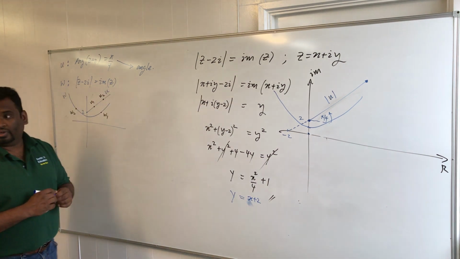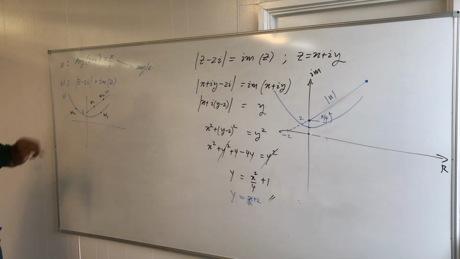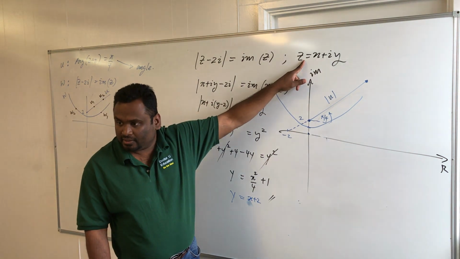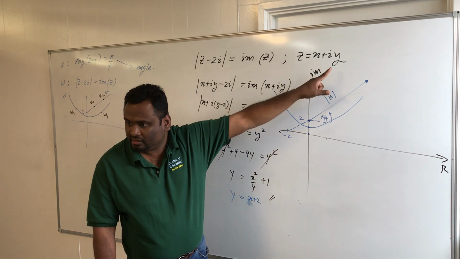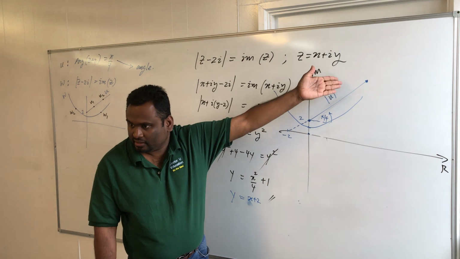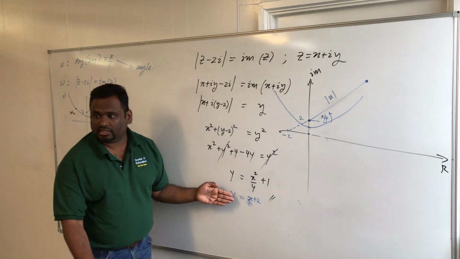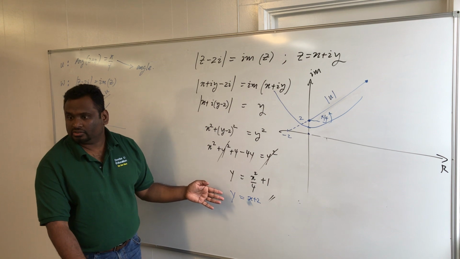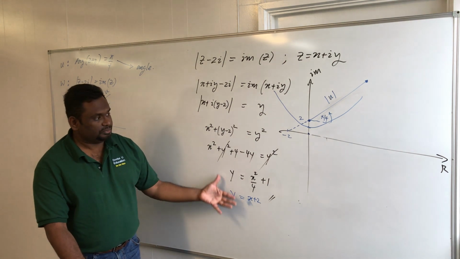What is z actually? x plus iy. So to find z, what do you need to find? x and y. So you have two equations given, and this makes sense. Why?